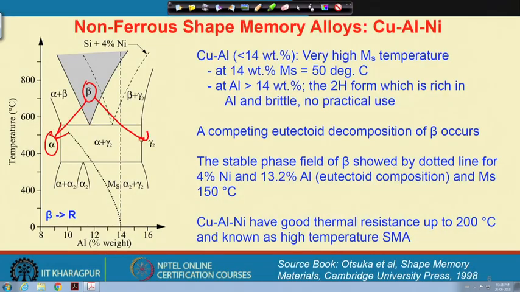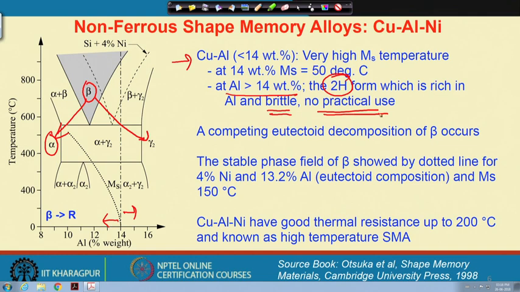So, once again I summarize: in copper aluminum, aluminum less than 14% has to be chosen, because if we go for a higher concentration of aluminum, then 2H type of martensite will form, and it is very brittle and there will be no practical use.